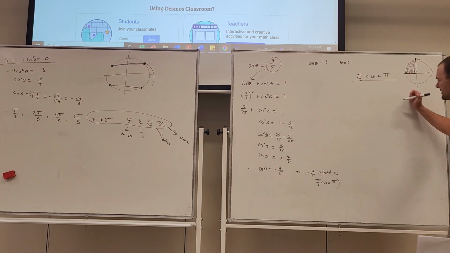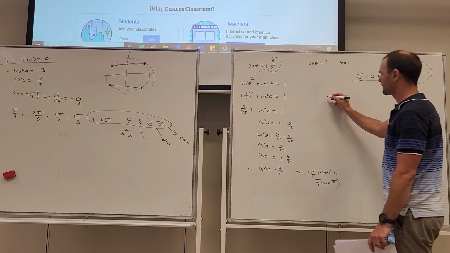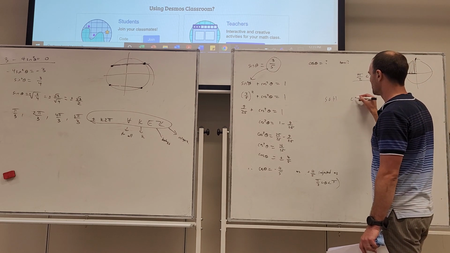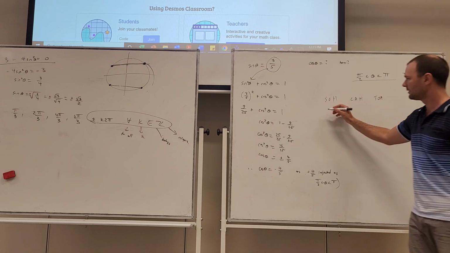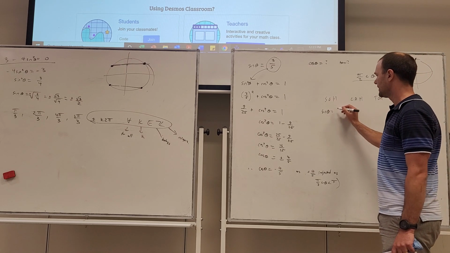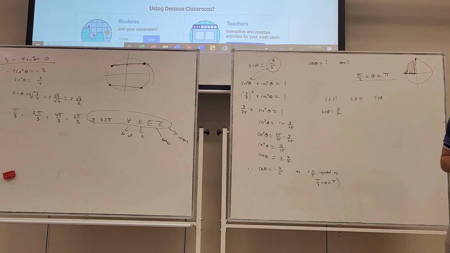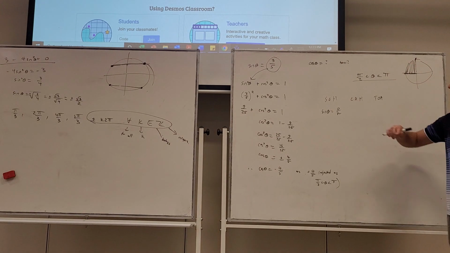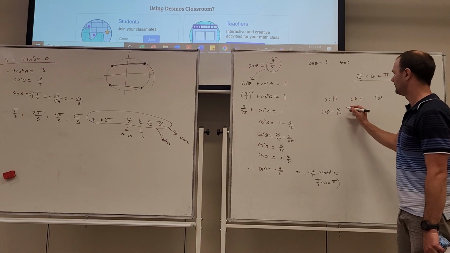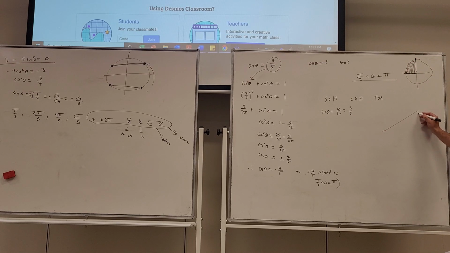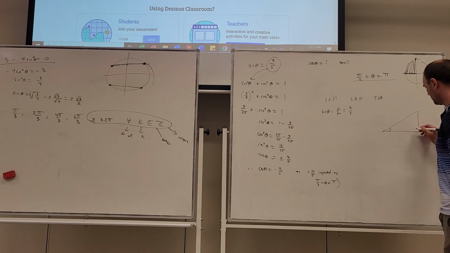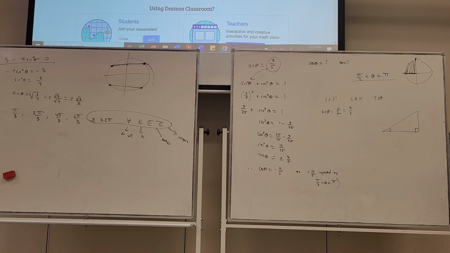Now I want you to remember back to year 9, where we have SOHCAHTOA. So we have sine is equal to O on H. And here we've got sine is 3 on top of 5. So we can draw any right angle triangle, where this is our angle, here's the right angle.